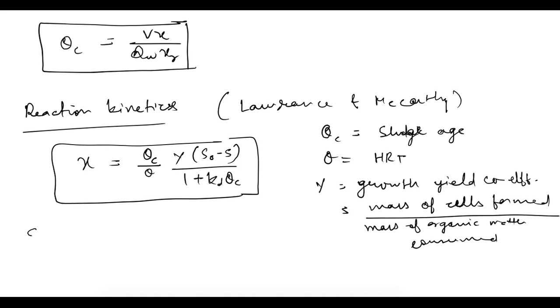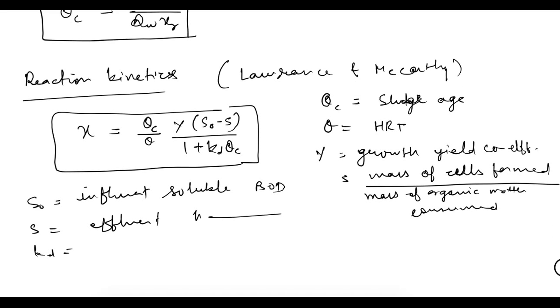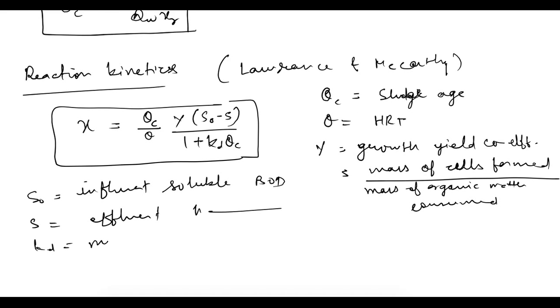S naught here is influent soluble BOD, and S is effluent soluble BOD, and what else is remaining? KD. So KD here is the microorganisms decay coefficient per day.